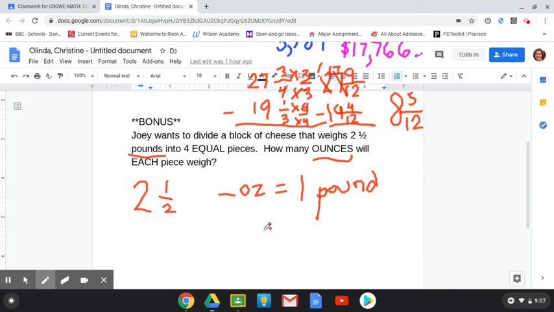And most of you know with your conversion chart, or you can look in your agendas all the way in the back for the conversion chart, that 16 ounces equals 1 pound. But I have 2 pounds. So how many ounces equal 2 pounds?